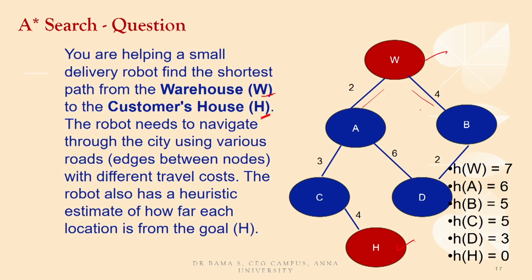Assume these are the roads with different travel costs. The robot also has a heuristic value, where I have listed the heuristic values here. So, for this graph, your job is to find the path through greedy best first and also through A star.